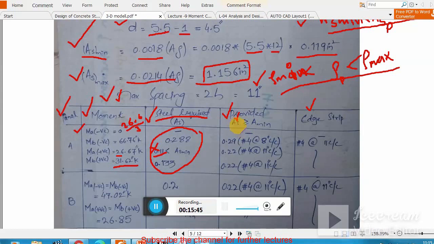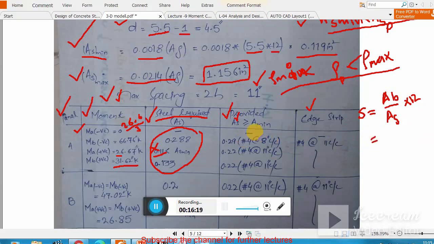So if your As is greater than As minimum, you see here 0.288, now you find out your spacing. The formula for spacing is simple. S can be calculated as area of bar divided by area of steel times 12. This will give you the spacing.